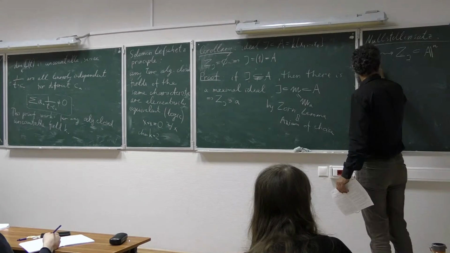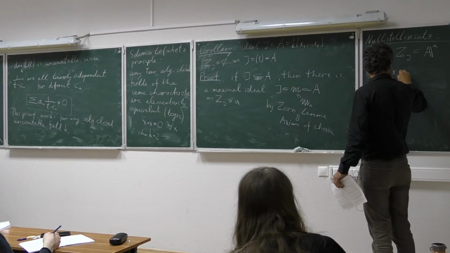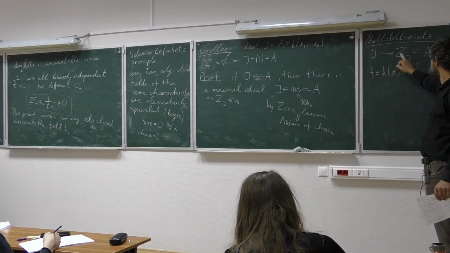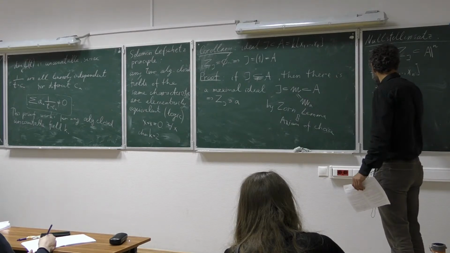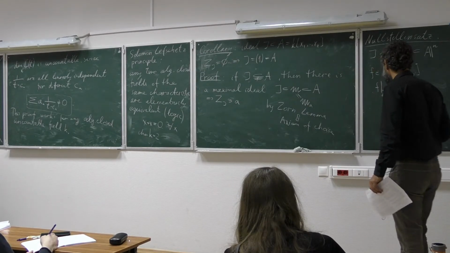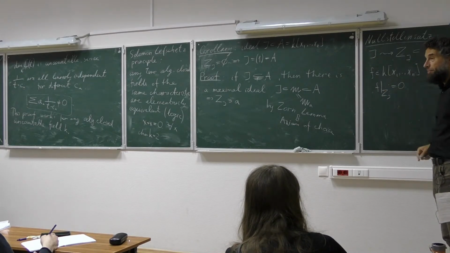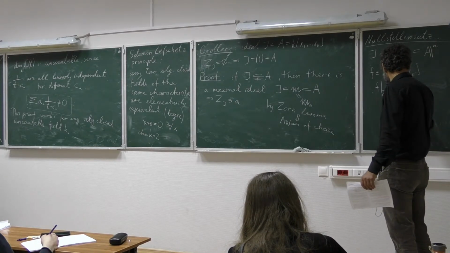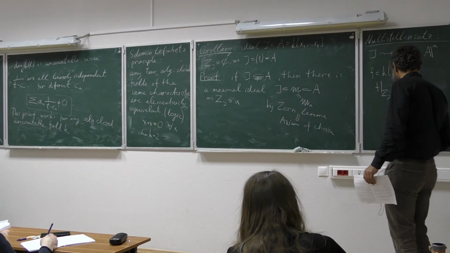Now, given an element f, a polynomial. Suppose that it vanishes on the zero set of this ideal. For example, it could be an element of this ideal, but not necessarily. It could happen that f to some power could lie in this ideal.